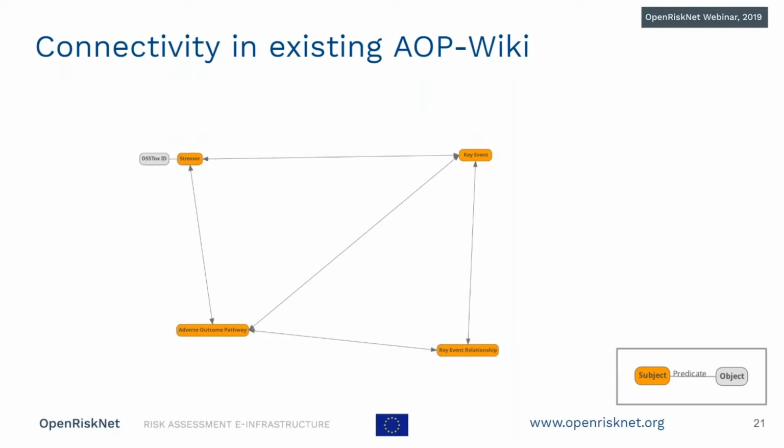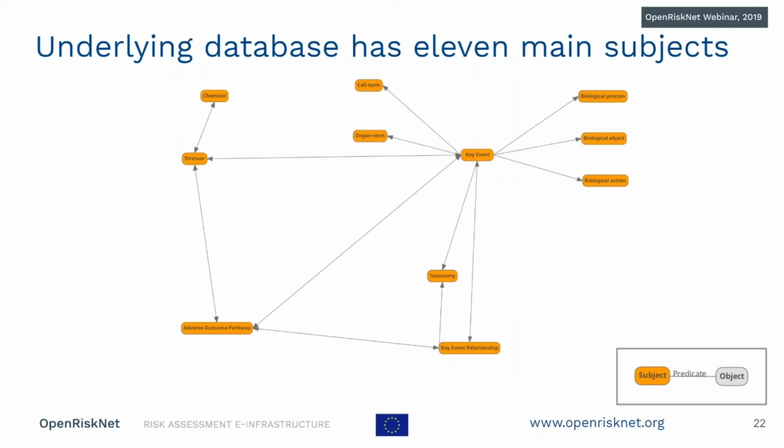However, if we look in the underlying database, we can see there are many more components that are very important to link to other databases to find the ontologies and the identifiers. For example, with taxonomy or chemicals, but also the ontological annotations of cell terms, organ terms, and the key event components, which consist of the biological process, object, and action.